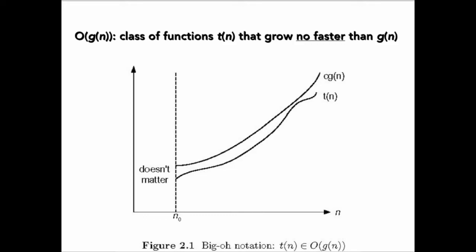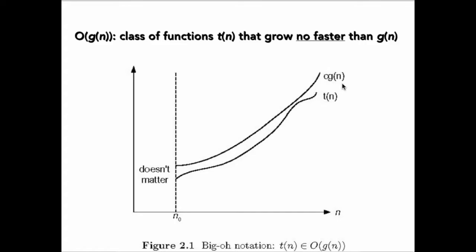So to help us, there's a visual representation here of the relationship of t of n with respect to g of n. So we can say that t of n is in O of g of n if nasa baba siya nung function, or t of n is bounded above by some g of n.